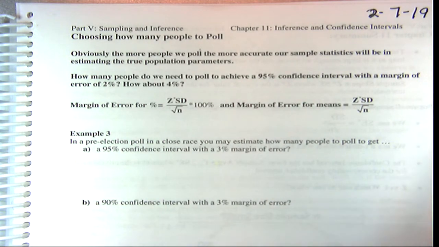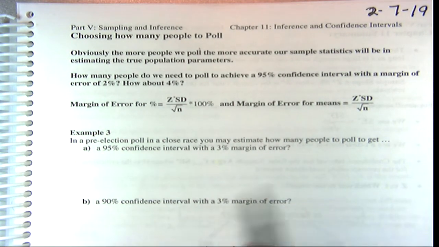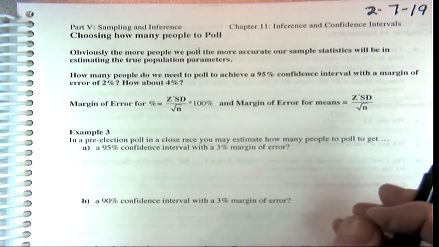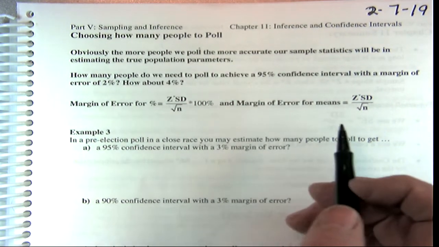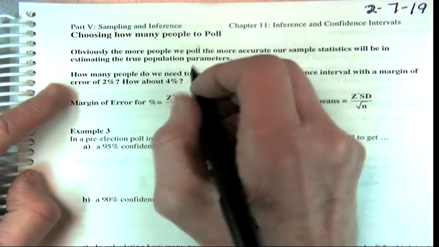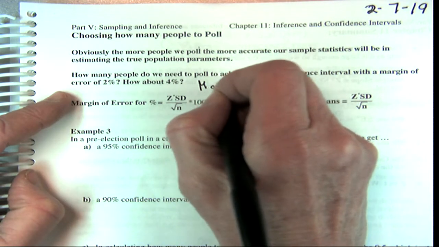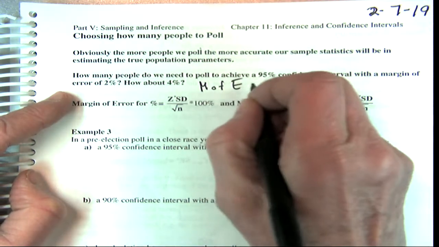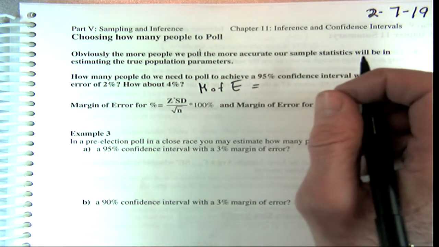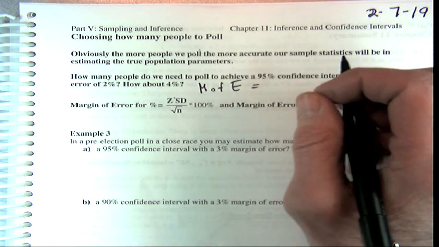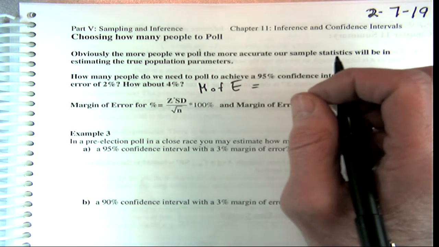So a margin of error, we said, was plus or minus some z-score. We already said from last time that a margin of error is the little bit of wiggle room we attach, the interval we attach around our point estimate.